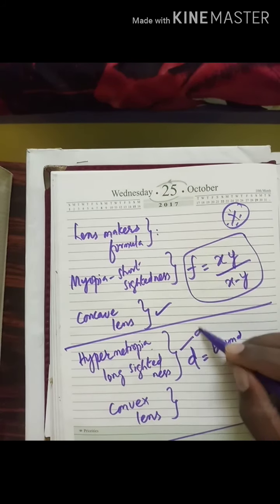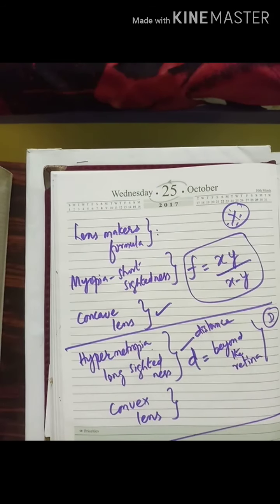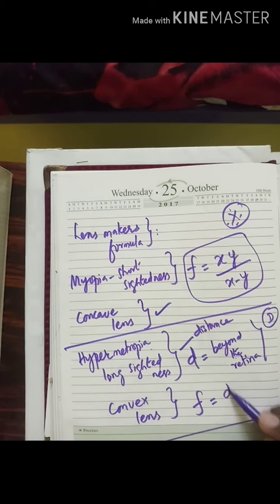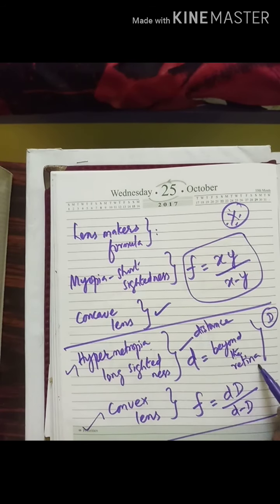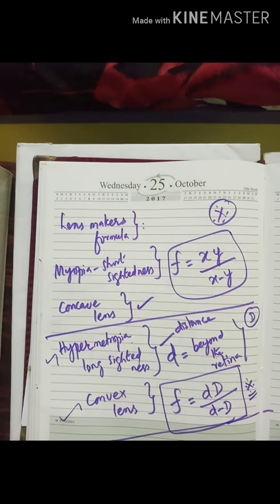Actually we have to correct it up to the distant vision D. So the formula for focal length calculation is D into d divided by D minus d. For a hypermetropia patient, they use a convex lens. So hope these two formulas are very important and you have understood how they come.